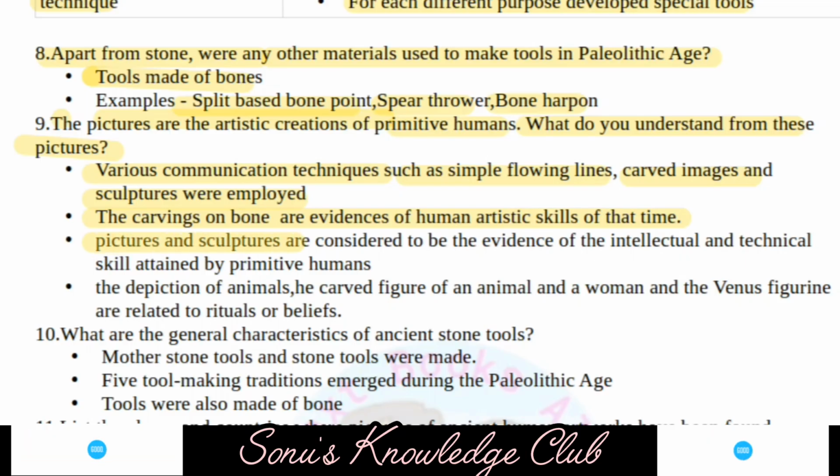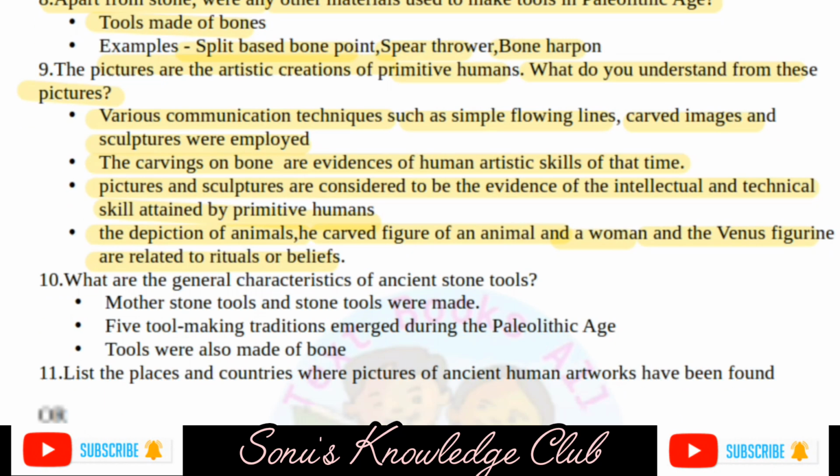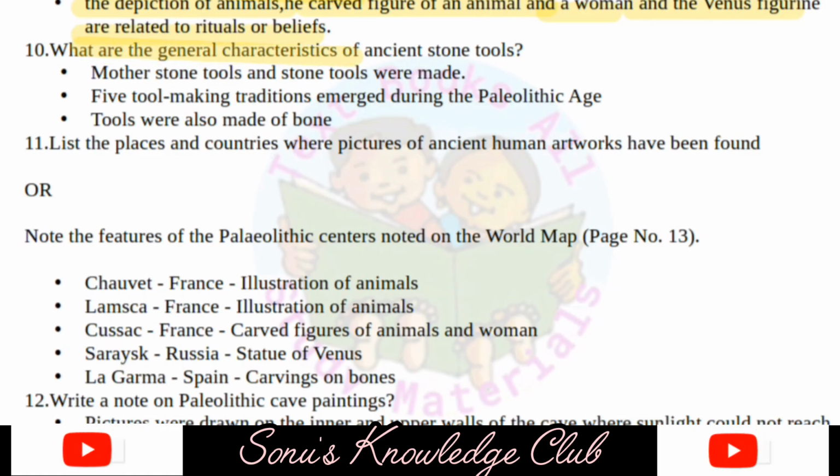Pictures and sculptures are considered to be the evidence of intellectual and technical skill attained by primitive humans. The depiction of animals, carved figures of an animal and a woman, and the Venus figurine are related to rituals or beliefs.